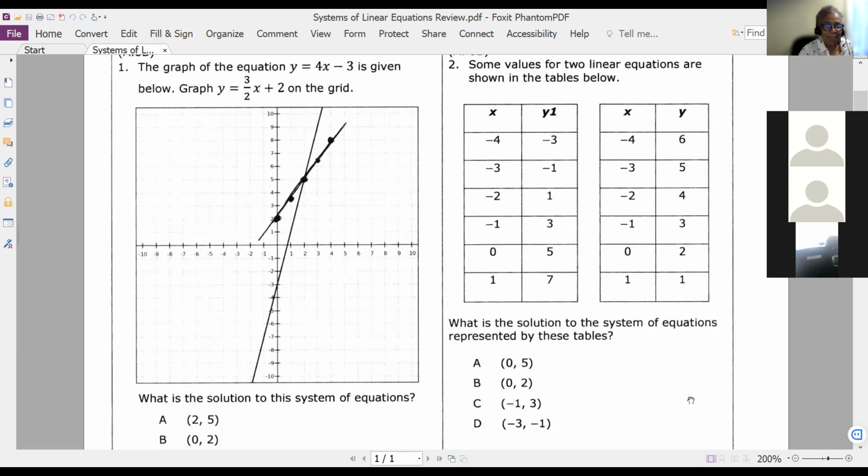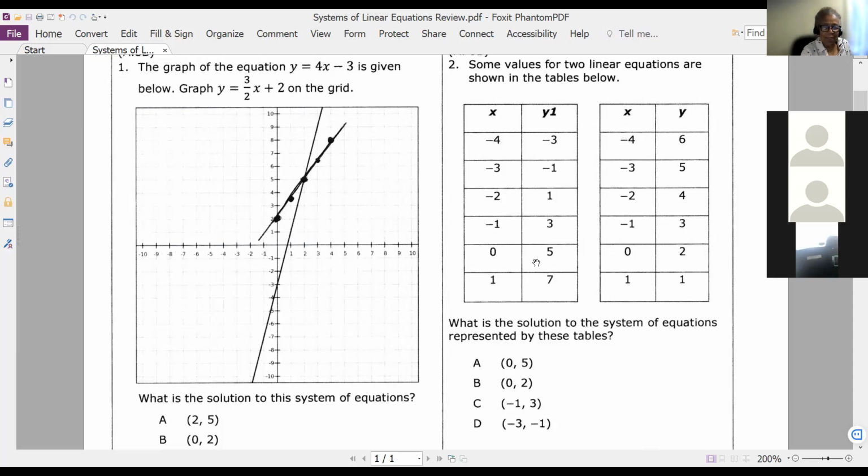What is it, Vanessa? When you look at these two tables, in which place is the X and the Y value the same? The X and the Y value in this table is the same as the XY pair in this table.